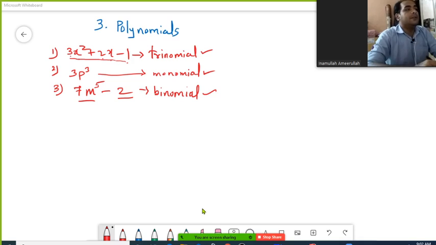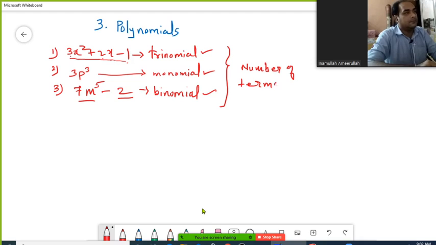This categorization is done on the basis of the number of terms. Same way, we can have three more categories of polynomial on the basis of their power.